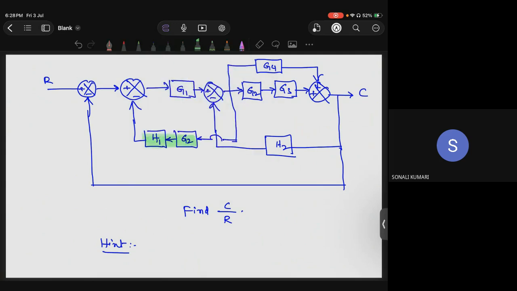I'll try to reduce these two, because they are directly connected in cascade. Then these two are connected in cascade. Then this entire block. So this is the first step. After that, the problem starts.